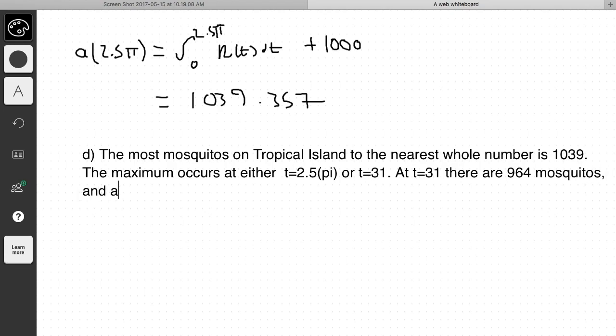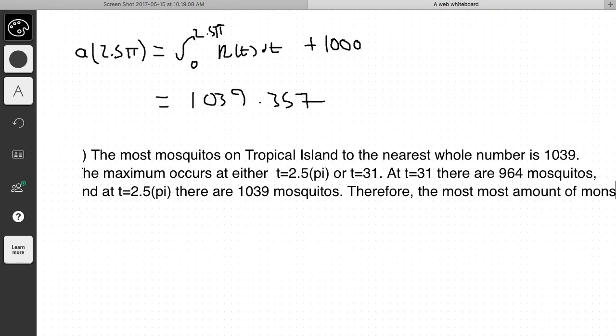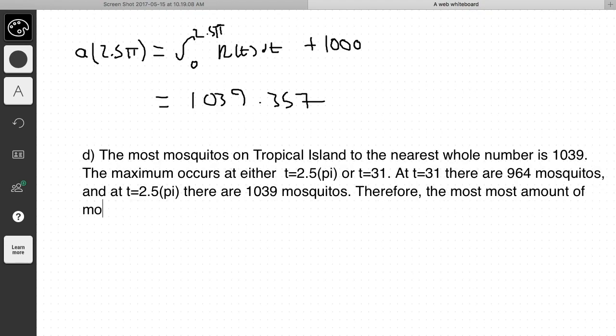And at t equals 2.5 pi, there are 1,039 mosquitoes. Therefore, the most amount of mosquitoes on tropical island is 1,039. That's your answer.